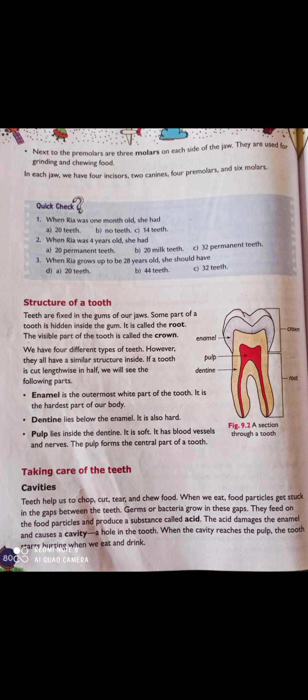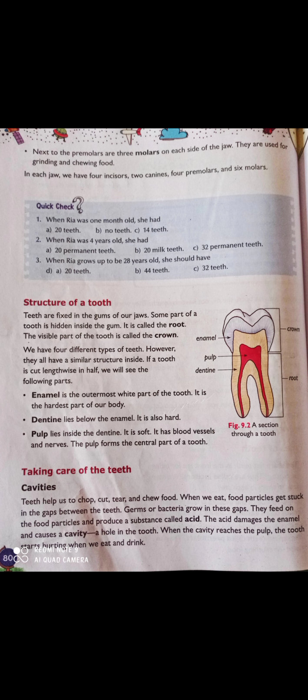They feed on the food particles that we eat and produce a substance called acid. And that acid damages the enamel, which is the hardest part of the body, and causes a cavity in our tooth. So it means a cavity is a hole in the tooth.